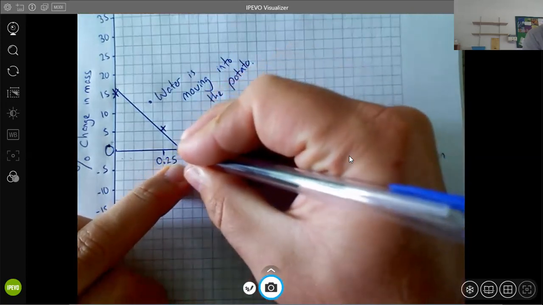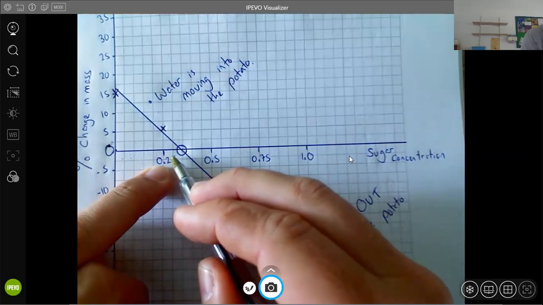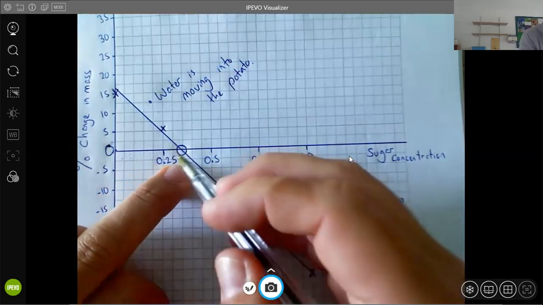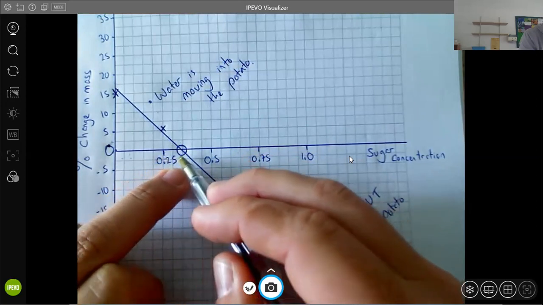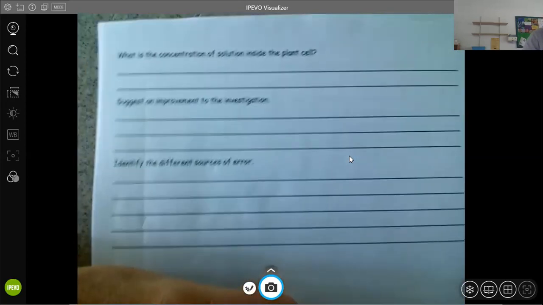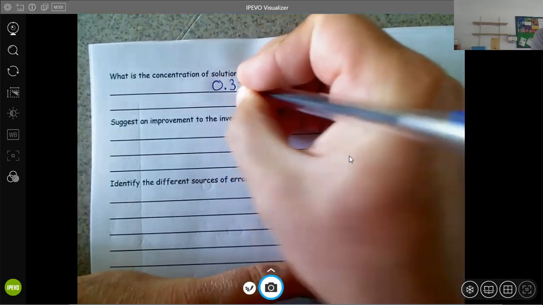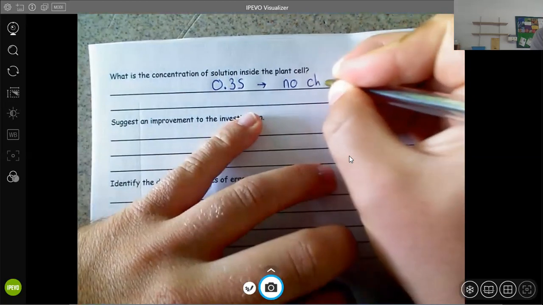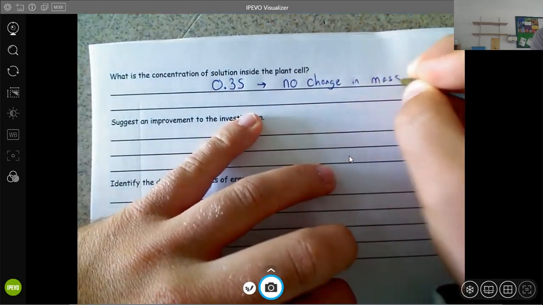So if we look at our graph, that is 0.35. So the concentration inside the plant is 0.35, and that is because there is no change in mass.